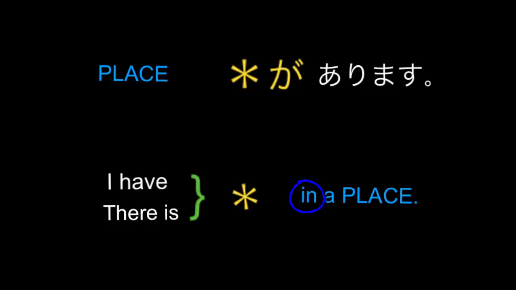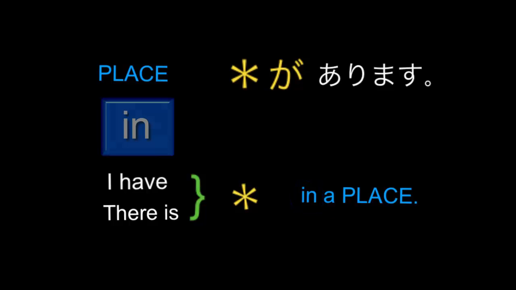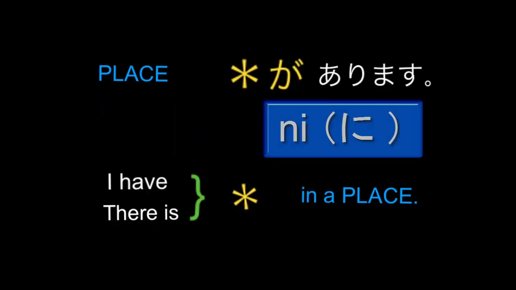Well, in Japanese, you need a particle as well. Fortunately, you don't have to worry about the a, but you do need an equivalent of the in. And coincidentally, if you reverse in and you make it not in but ni, you actually get the Japanese location particle, which is specifically used for Type 2 sentences, in other words, sentences which end in arimasu or imasu.